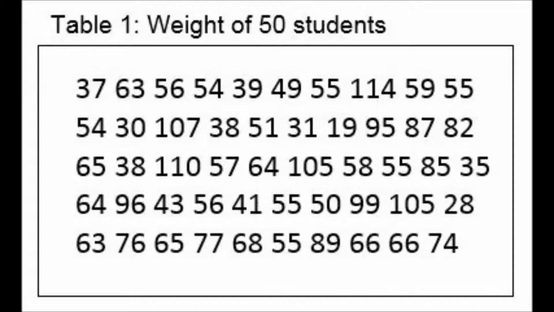So now we are going to count how many values we can find between 19 and 35. You can stop the video here if you want to do the counting yourself. Then we will count how many data we have between 35 and 50, which is our next interval, and so on until we get the frequencies for all of the intervals.